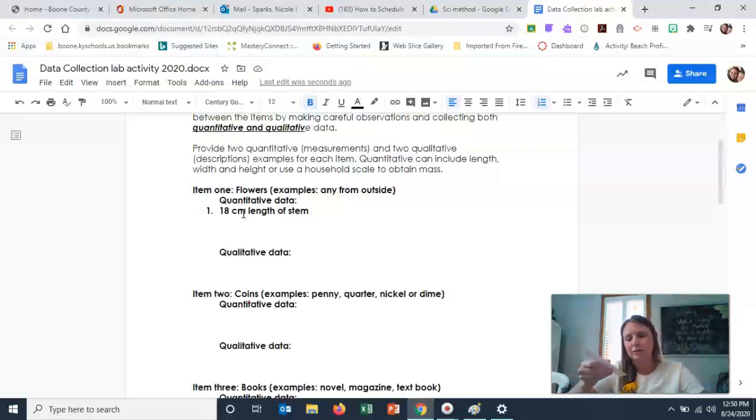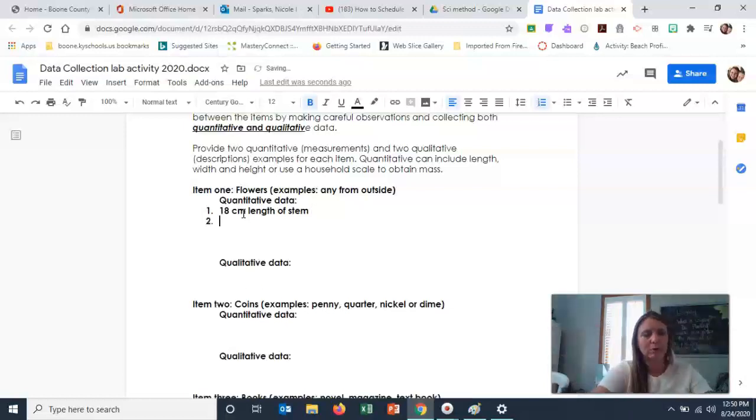I'm going to measure just this little top portion right here. And it is about 1 centimeter. So 1 centimeter diameter of flower head. So there's my two quantitative.